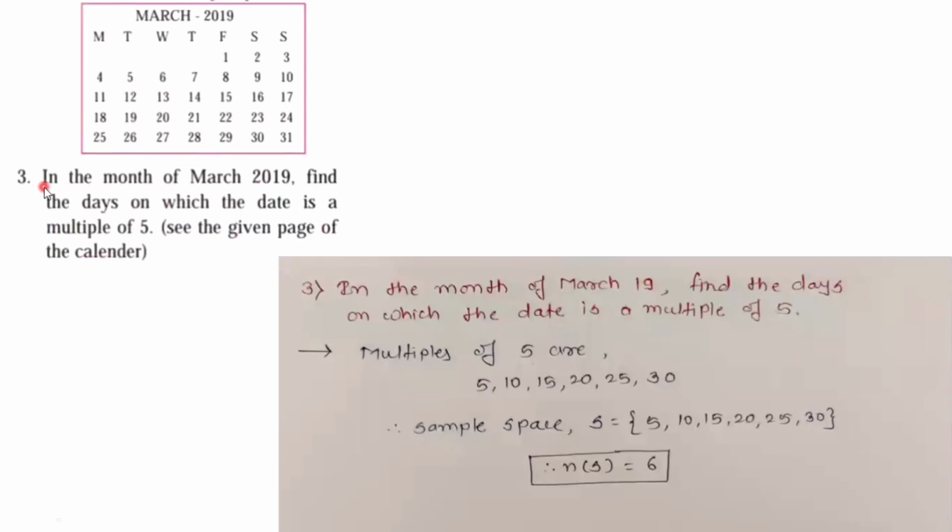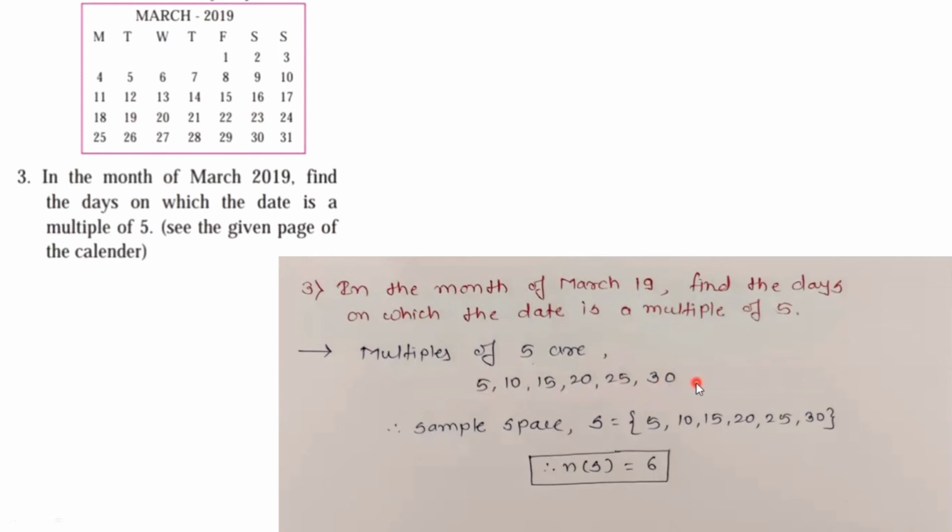Let us have the next problem. In the month of March 2019, find the days on which the date is a multiple of 5. Here the page of the calendar of March 2019 is given. The multiples of 5 are the numbers 5, 10, 15, 20, 25, 30.